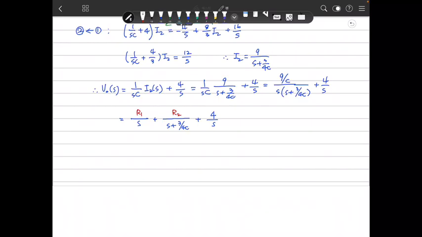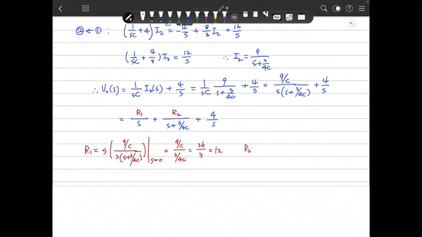Then what is R1? R1 is S plus 3 over 4C times 9 over C, where S is 0. So then 9 over C and 3 over 4C gives 36 and 3, so it is 12.